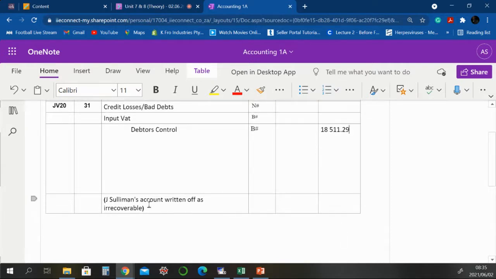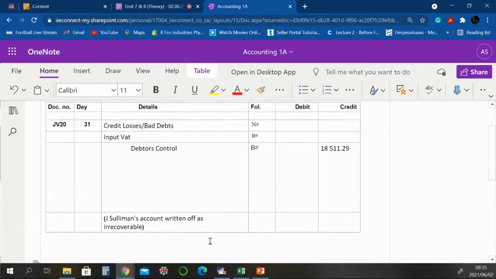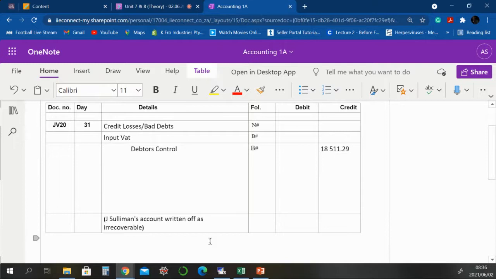And that's the narration that you'd put if they asked for a narration. Write off as irrecoverable. Or credit losses. Okay, cool. So we've done that. Now we need to work out how much we are going to claim back from SARS as input VAT.